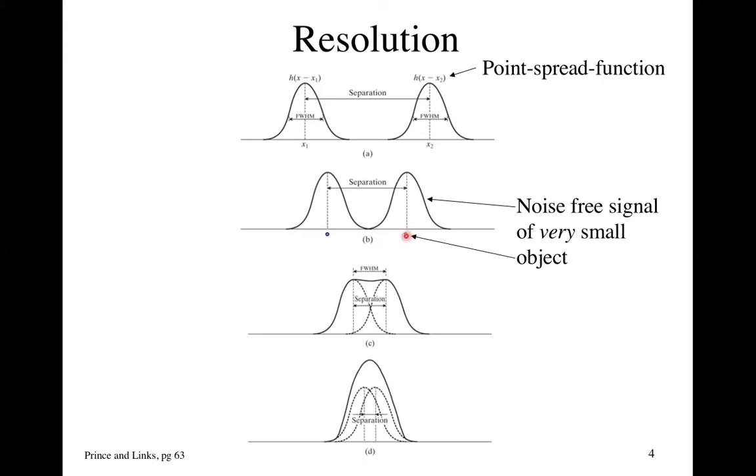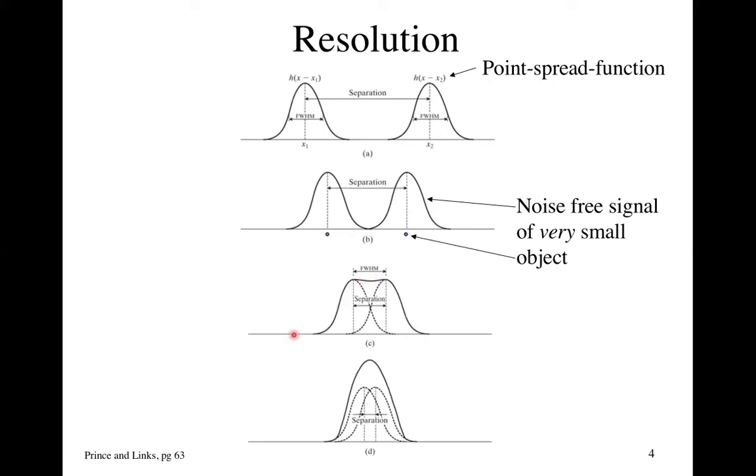And as these objects get closer, and if this is a Gaussian, and now the separation of our two targets is equal to the full width at half max of the point spread function, then the resulting image is the summation of those two, and you get this, so it's kind of a flat top object like that.